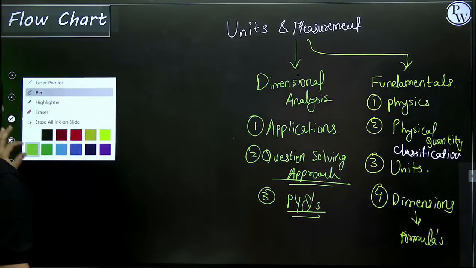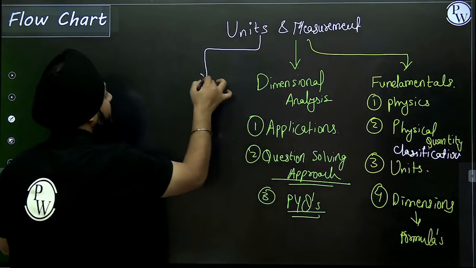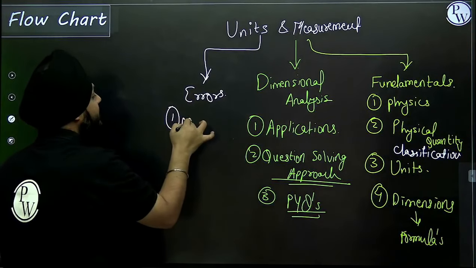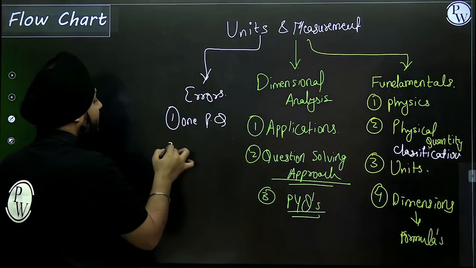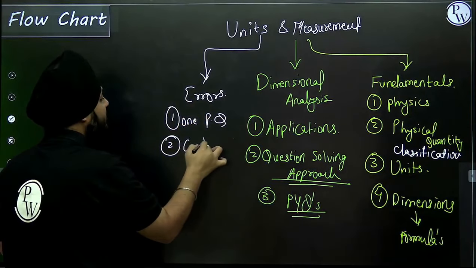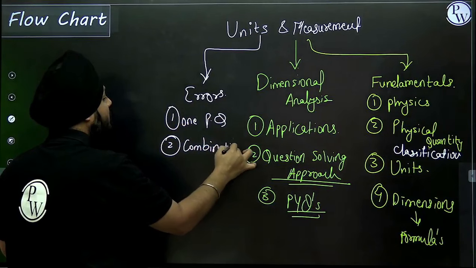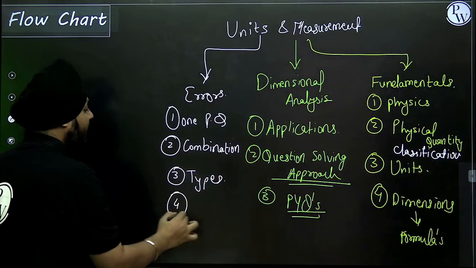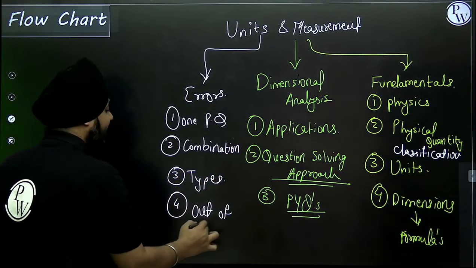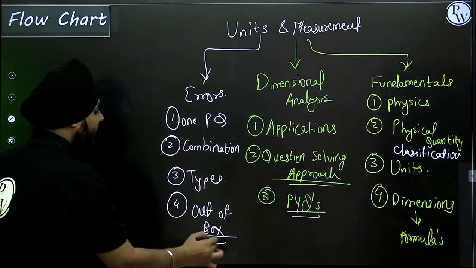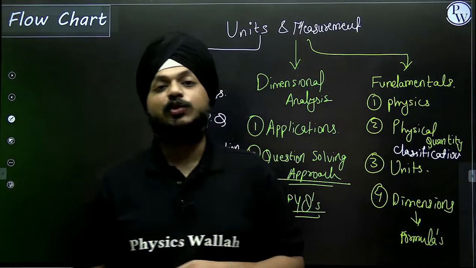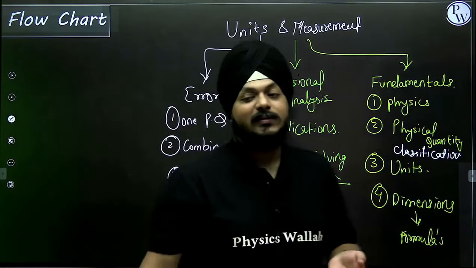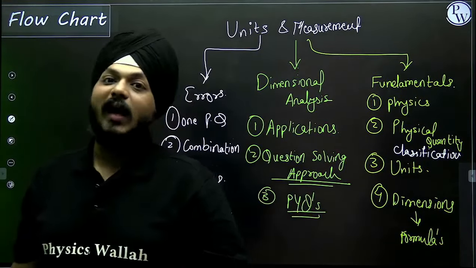Now let's move on to the most important part, errors. In errors we are going to discuss errors for one physical quantity, combination of errors, types of errors, and some out of the box topics, like how the differentiation concept is used in errors, because in JEE Advanced this kind of example is always asked.